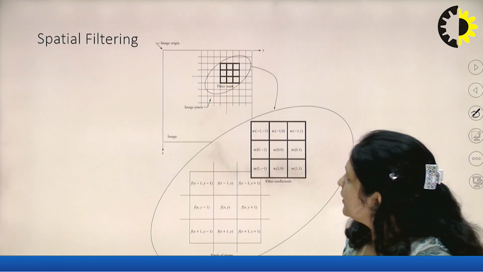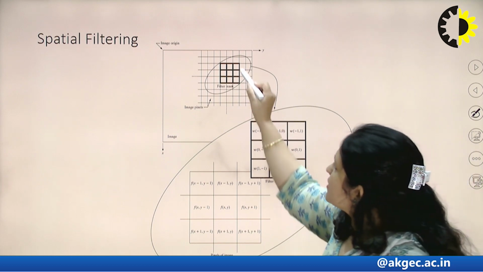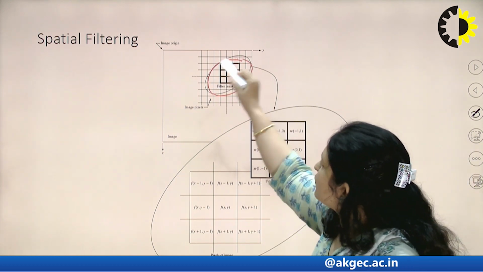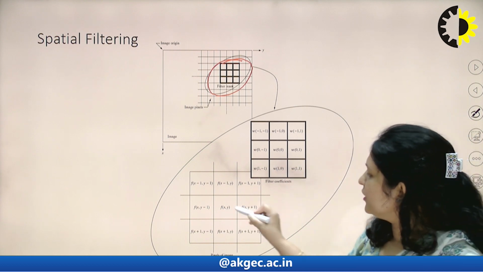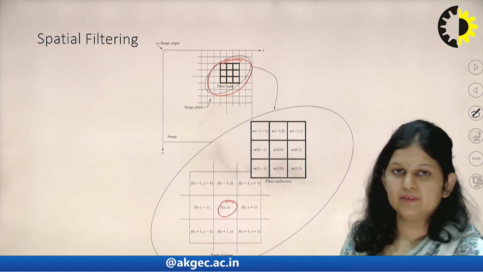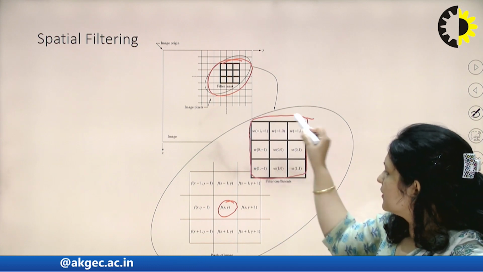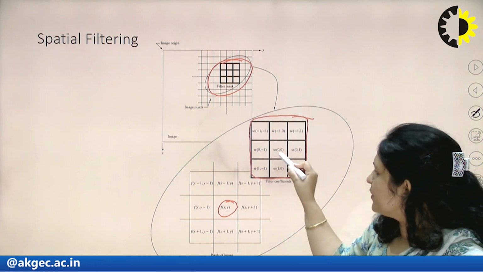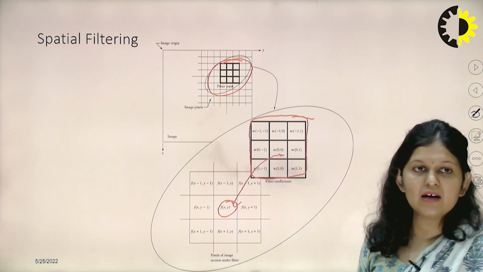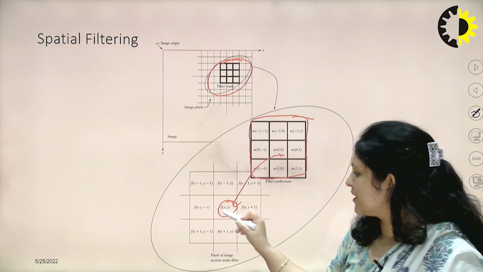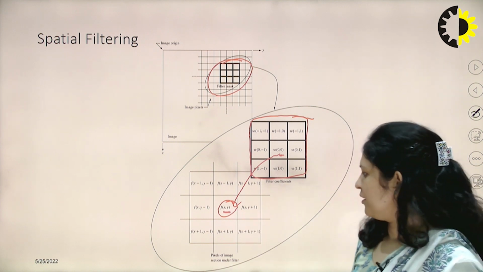Let's see through a diagram how we achieve this. Here, say this is the area around which I want to apply the filter mask. I would be calculating a new value over here. So if I take this particular mask, we will superimpose the center of the mask over the pixel for which we want to calculate a new value, g of x comma y.